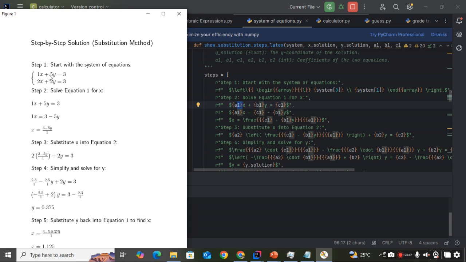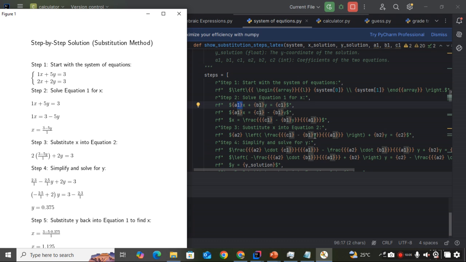So 2 multiplied by x plus 2y equals 3. Do we see that in the code? Substitute x into equation 2. Yes.